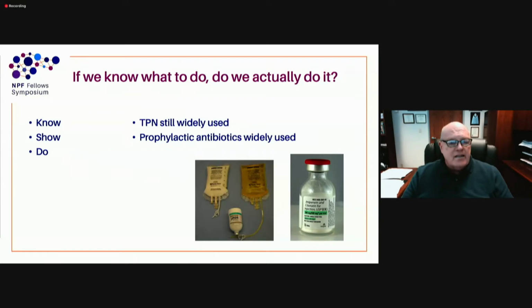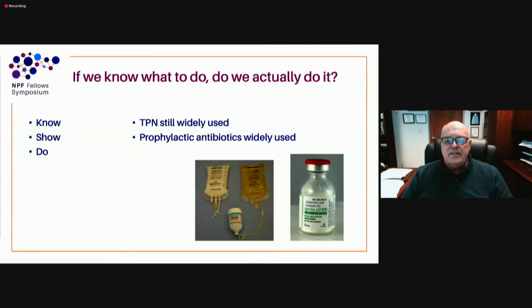Then, in a clinical scenario that mimics that, while we're doing endoscopy, I ask them to show me that they can do that maneuver, that procedure. But the question is, after they leave training and they're out there on their own, do they continue to do the right thing? So it's this know, show and do. We know that although TPN and prophylactic antibiotics are not effective, they're still widely used.